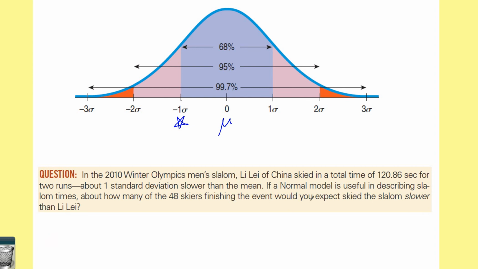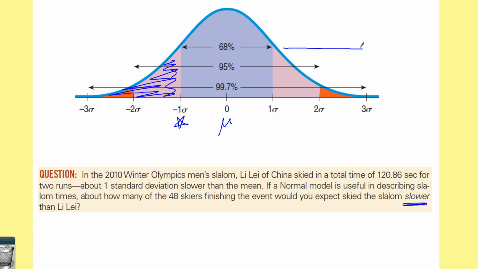We want to know who skied slower. If this is average, here we start getting below average. So here is where they are. We want to find out how many people are here. We know 68%, so that means 32% should be these two outsides.